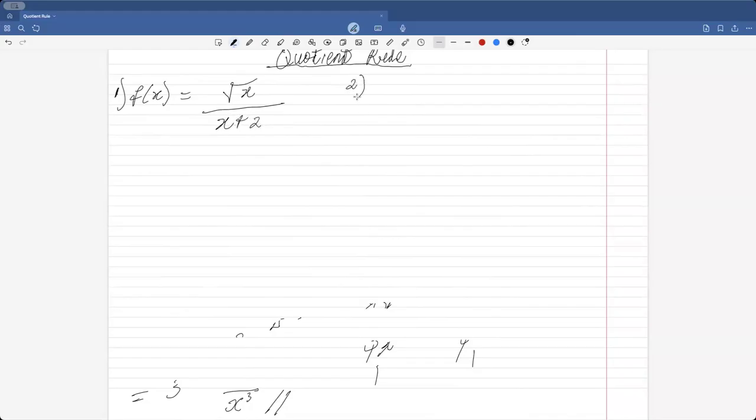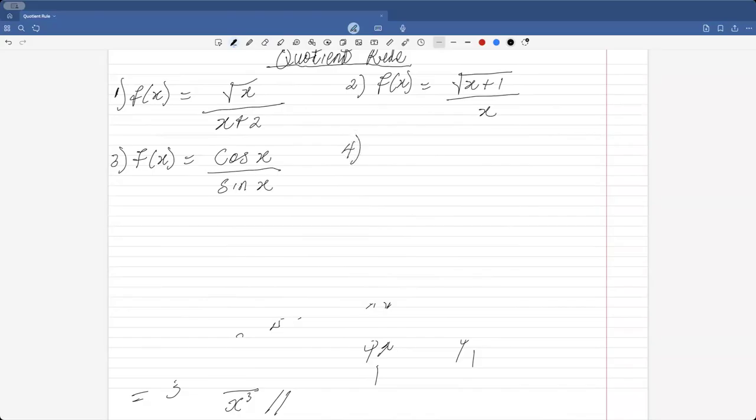Number 2, f(x) equals the square root rather, x plus 1 over x. 3. f(x) equals cos x over sine of x.